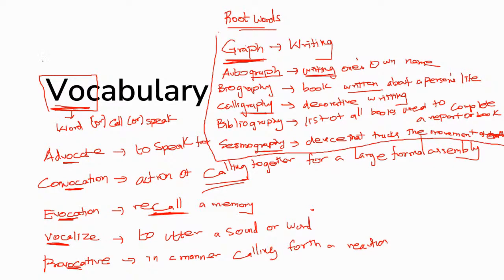So whenever I know this base root graph, from that I can easily infer the meaning. Graph means writing, so it should involve writing. For example, sometimes the origin of words could be people also. For instance, the word martinet.